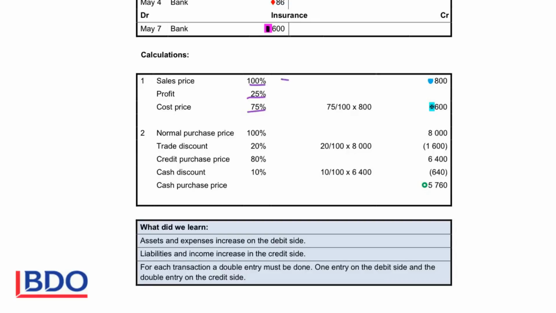The sales price was given as 800 Rand. So if we want to calculate the cost price, the percentage that we want, 75, divide by the percentage that we know, 100, times 800, and that will give us 600 Rand. So the one that we want will go at the top and the one that we know at the bottom.